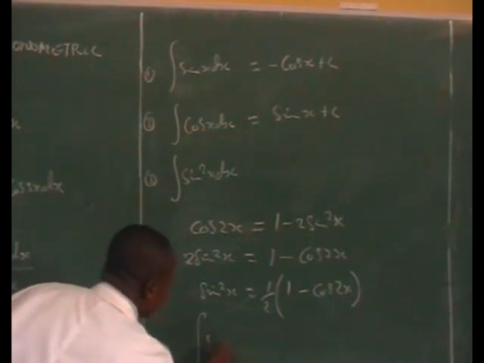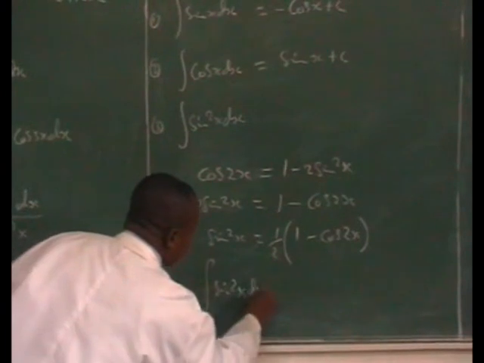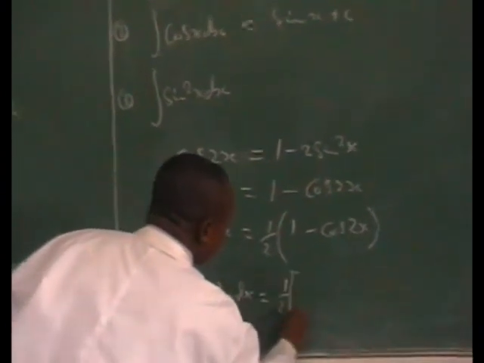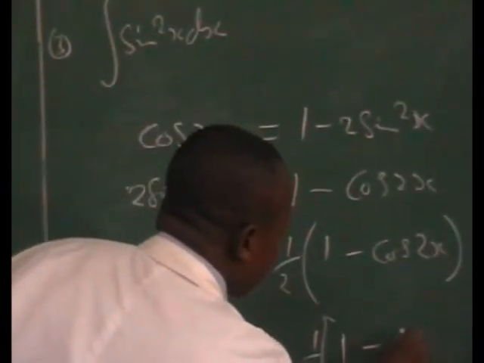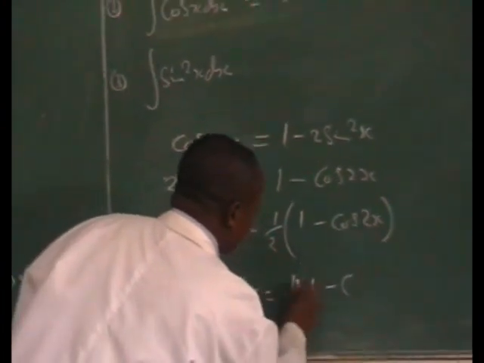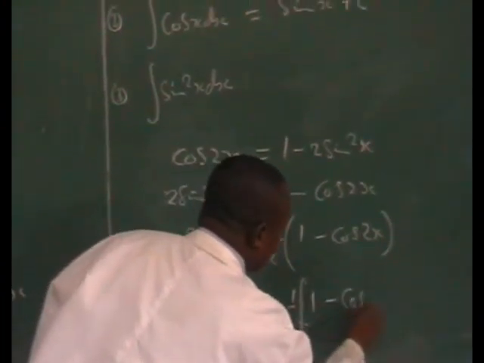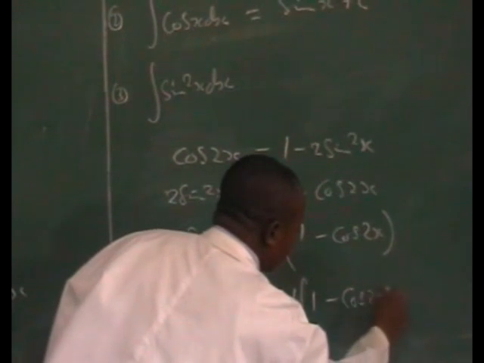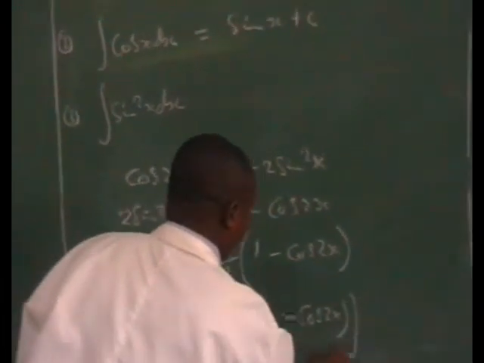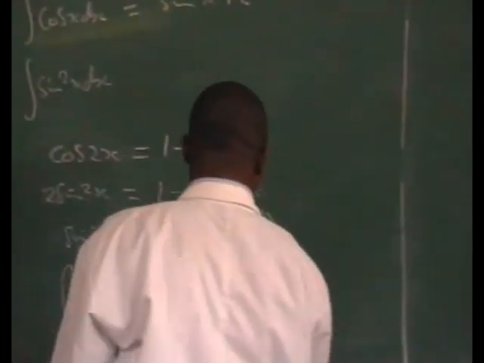Integral of sine square x dx will be equal to 1 all over 2 integral of 1 minus cos 2x dx.